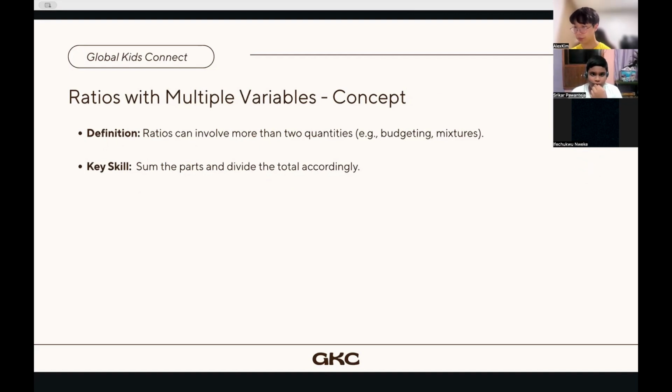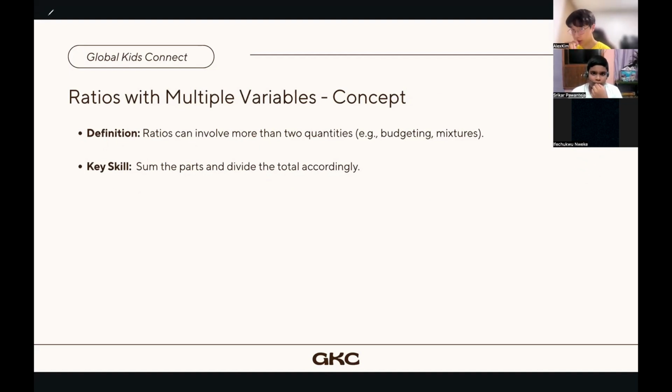Our next concept, if we're moving on a bit quickly, is ratios with multiple variables. Until now, we took a look at ratios with just two numerical values, A to B, 2 to 3, or similar ratios. But there are also ratios that have more than two quantities.